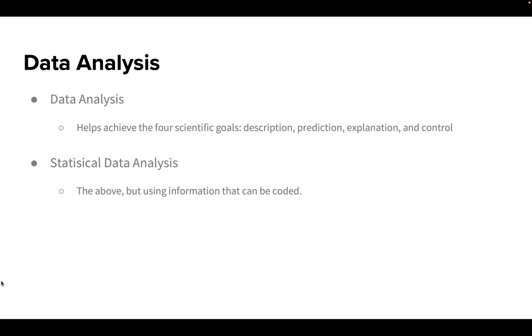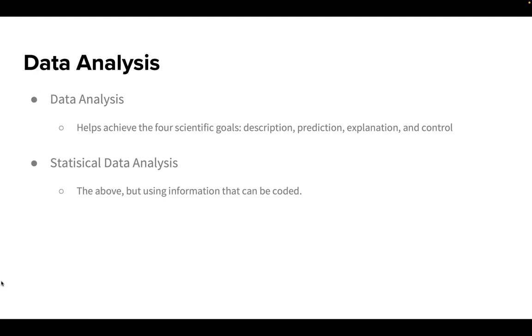Statistics are a tool in the data analysis arsenal. When we talk data analysis, we mean that we're trying to achieve one of the four basic scientific goals. We're trying to describe something, we're trying to predict what will happen, trying to explain what is happening, and to control for other variables to understand what is or isn't going on, what is causative or likely causative or not.